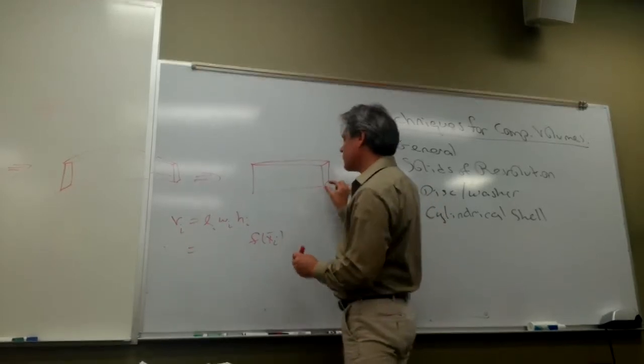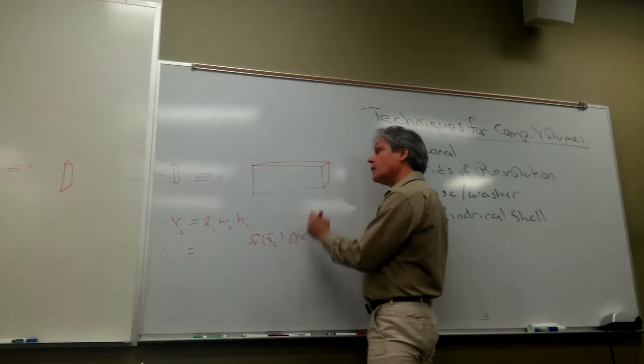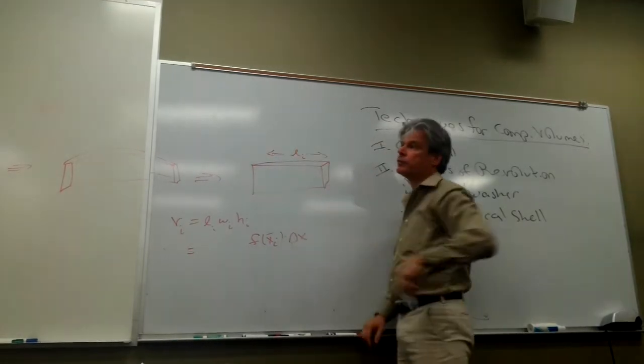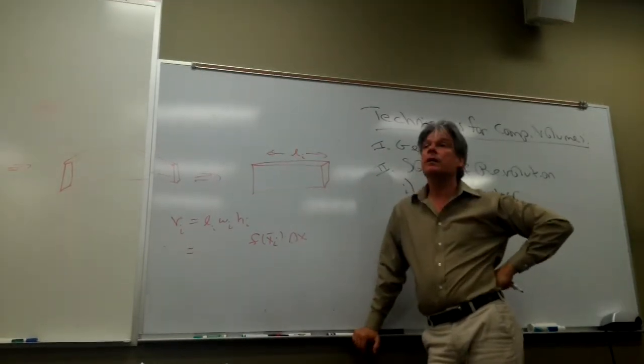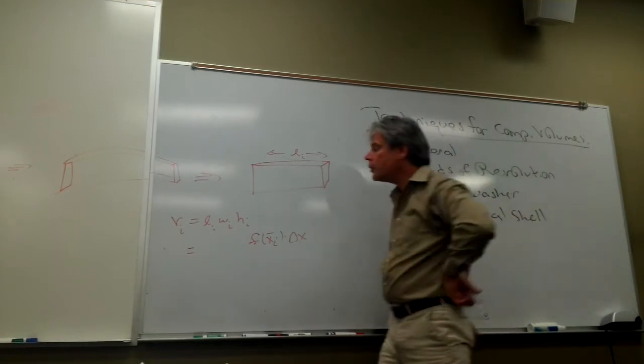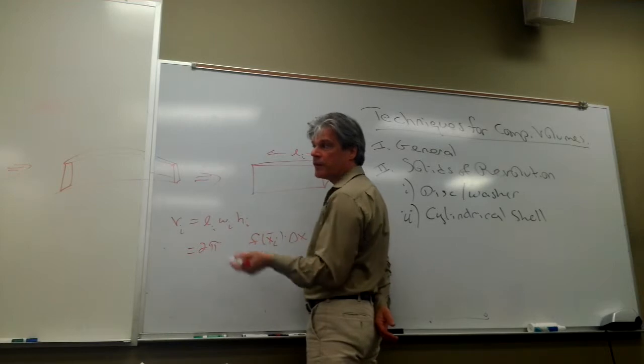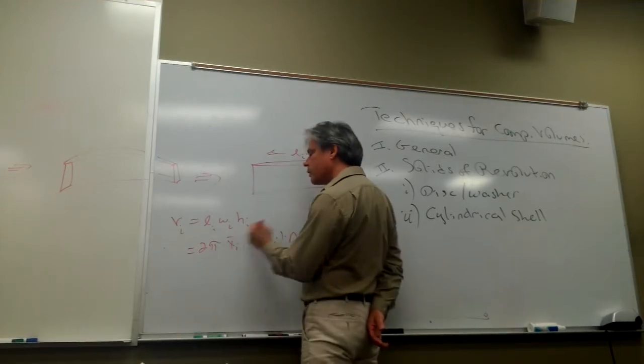Its thickness will be delta x. But its length, this right here, in terms of my original picture, is going to be the circumference of the circle, which is 2 times pi times the radius of the circle, but jeepers, the radius of the circle is nothing more than x sub i with a bar over it.